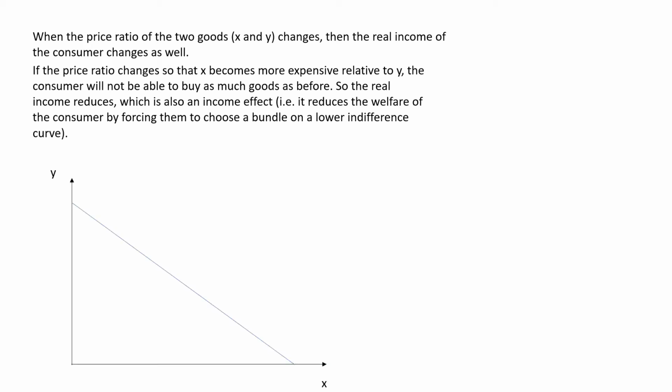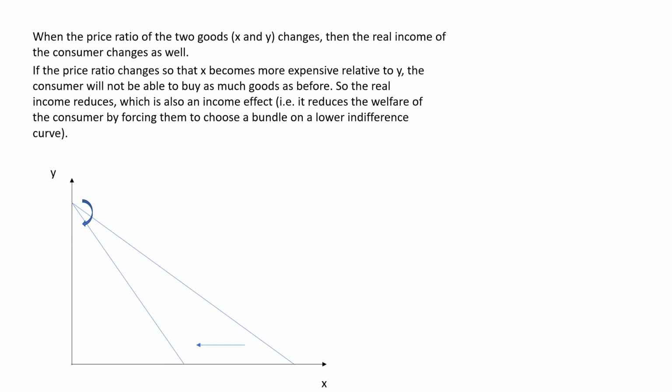Look at this visualization. This is the original budget constraint line. If the price of X goes up, then the budget constraint line will modify so that the intercept along the x-axis becomes smaller, which leads to a steeper budget constraint line.